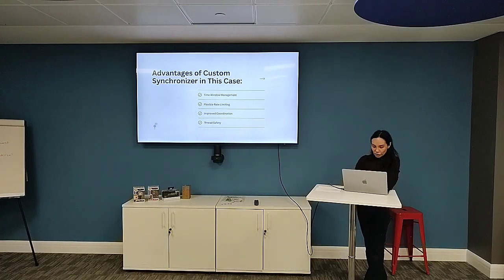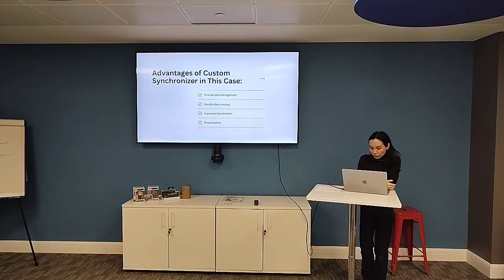So, advantages of having a custom synchronizer. In this particular case, what are the advantages over using a semaphore? So we have flexible rate limiting, unlike the built-in semaphore, which would only allow a fixed number.